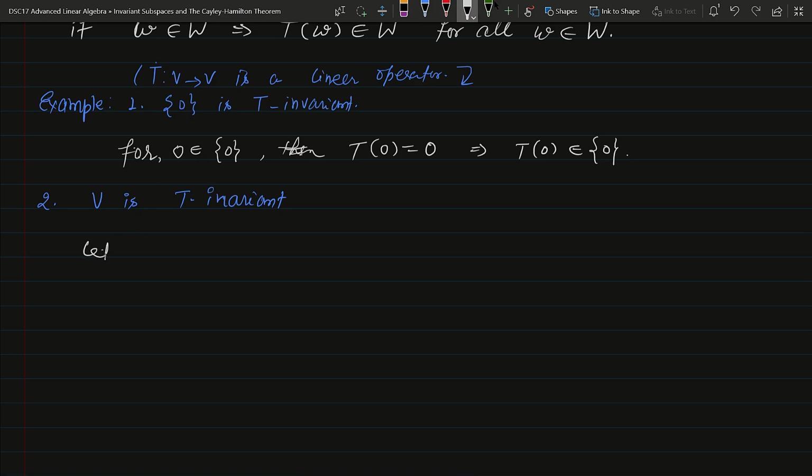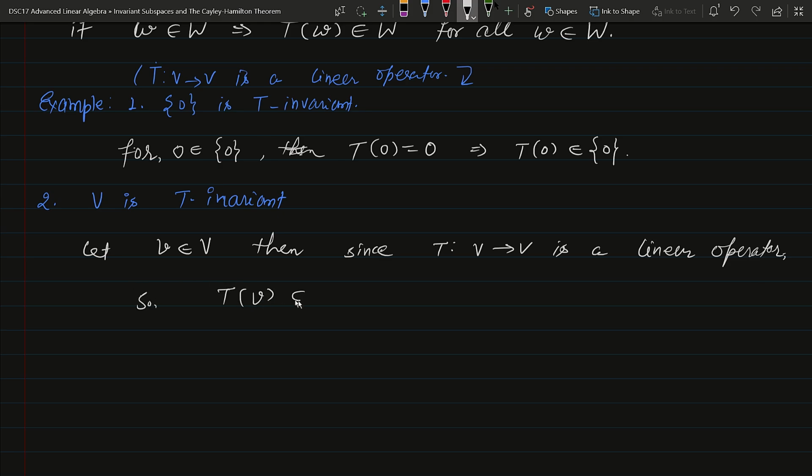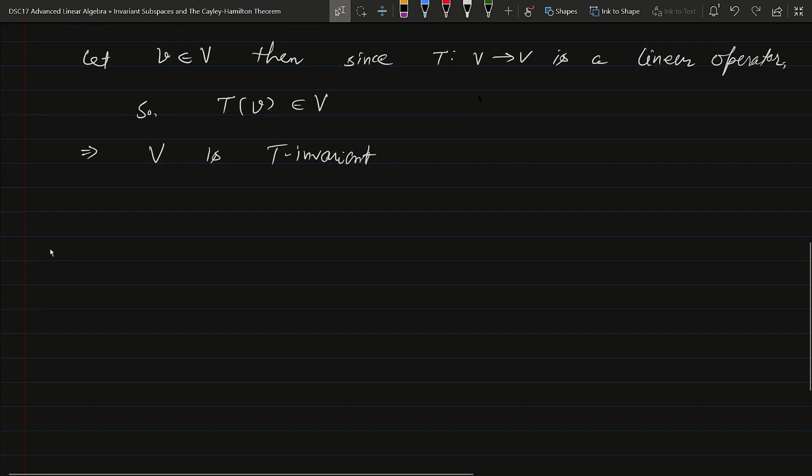Let T be defined from V to V. Let v be any element from V, then since T defined from V to V is a linear operator, we must have T of v in V, and that implies that V is T invariant. Then come to the third one that deals with the range of T.